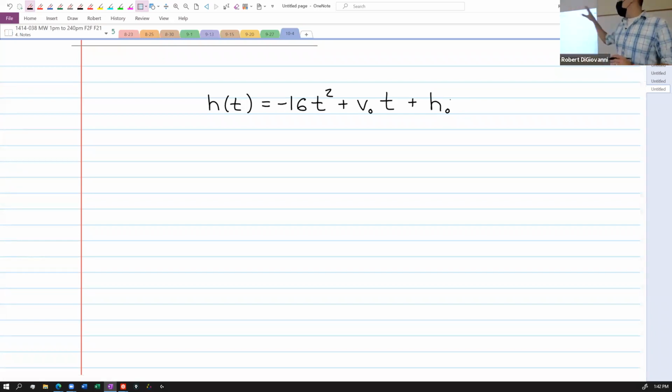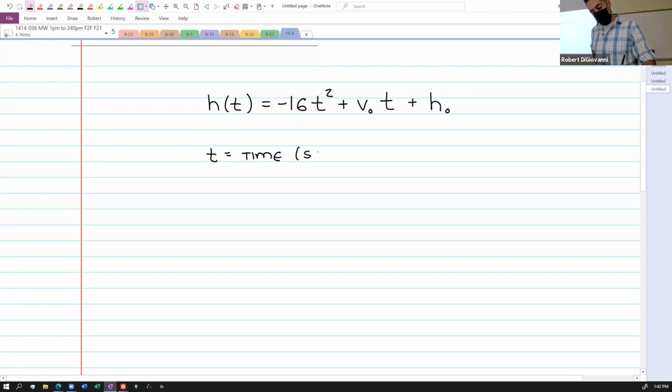Here I need to tell you what all these letters mean. First of all, let's start with the T. The T is like the X has been in previous quadratics. The T is just time, and in this formula it's measured in seconds.